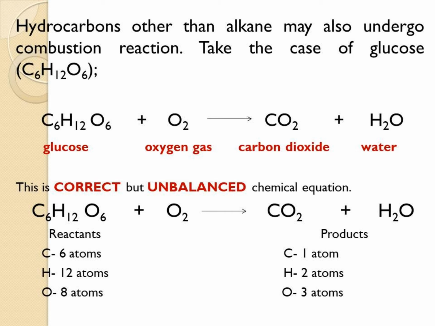Glucose is a kind of sugar with the chemical formula C6H12O6, which reacts with oxygen gas to form carbon dioxide and water. Again, we need to balance this chemical equation because, counting the number of atoms on the reactant side and the product side, we can see that they are unbalanced.